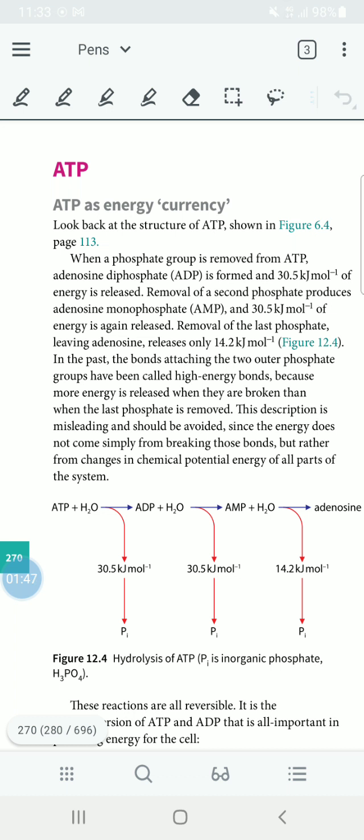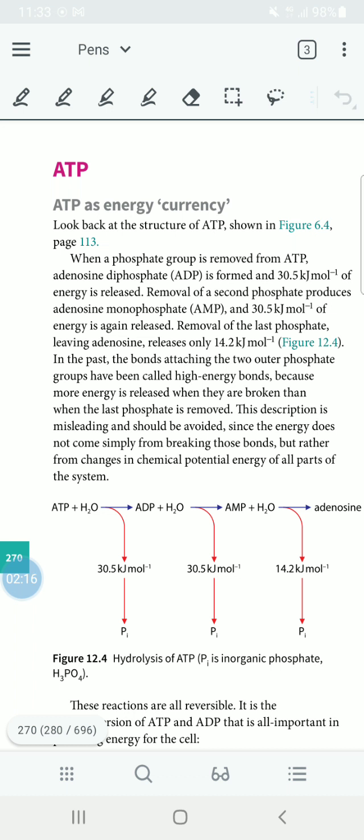Now, when a phosphate group is removed from ATP, adenosine triphosphate, tri means three phosphates are there. So when one is removed, you are left with ADP or adenosine diphosphate, right? And when a phosphate group is removed, 30.5 kilojoules of energy per mole would be released.